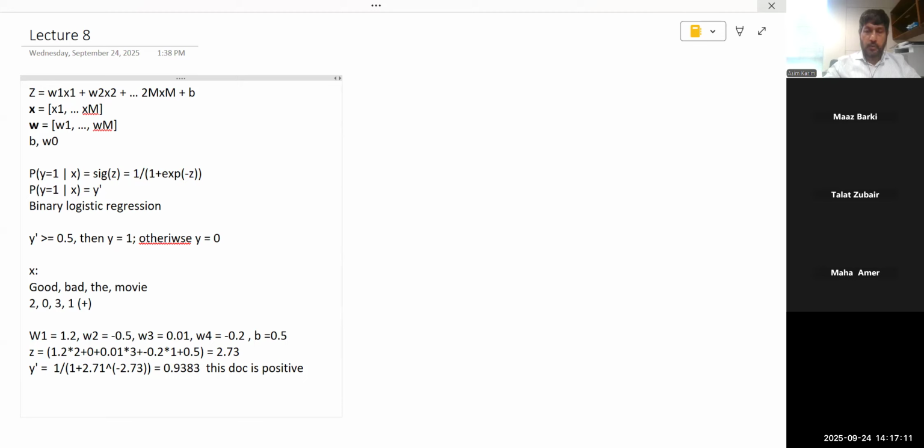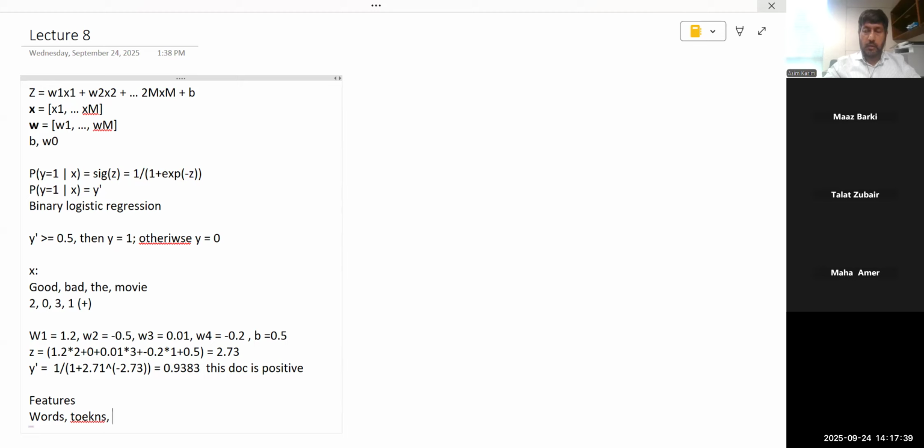A few words about features before we move on to multi-class logistic regression. So the features are, you can use any features that are appropriate for your problem. So it could be words, as we have used before, tokens.